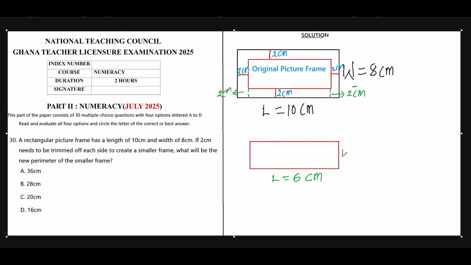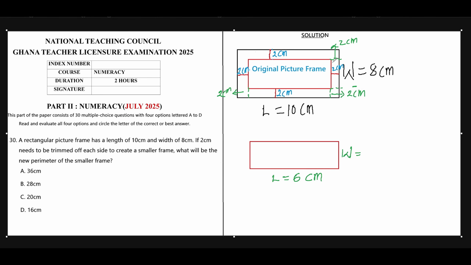Let's also look at the width. The original picture frame had a width of 8 centimeters. And again, we could see that 2 centimeters has been taken off, and this side too, 2 centimeters has been taken off.